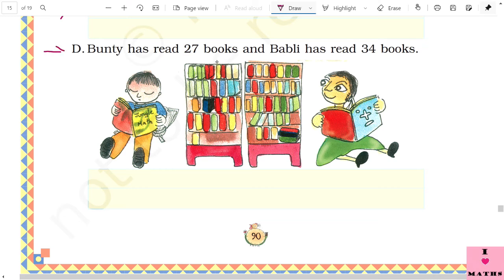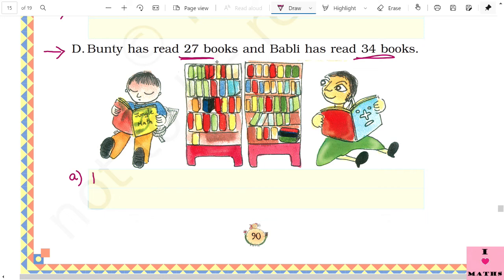Let us see the condition number D. Bunty has read 27 books and Bubbly has read 34 books. Now, based on this condition, we have to make question. Okay. Now, first question which I would like to make will be of addition. So, what kind of question can we make, children? Come on, think. Yes. Now, Bunty and Bubbly are friends.